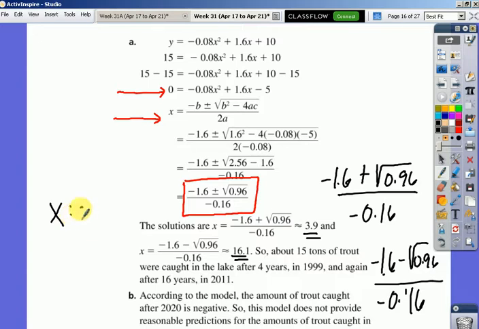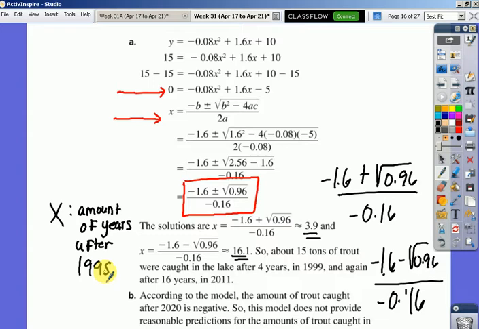X is the amount of years after our base year, which is what year? 1995. So 4 years after 1995 is 1999, and then 16 years after is in 2011. So in those 2 years, you had 15 tons of trout that were caught.